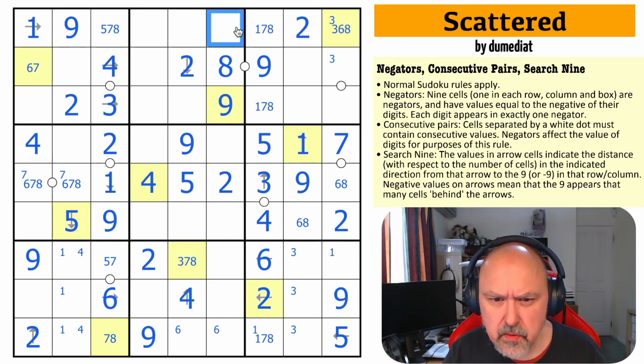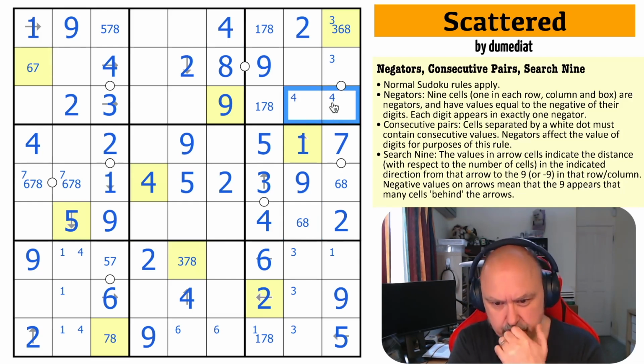This is 4, which means 4 is in one of those two.